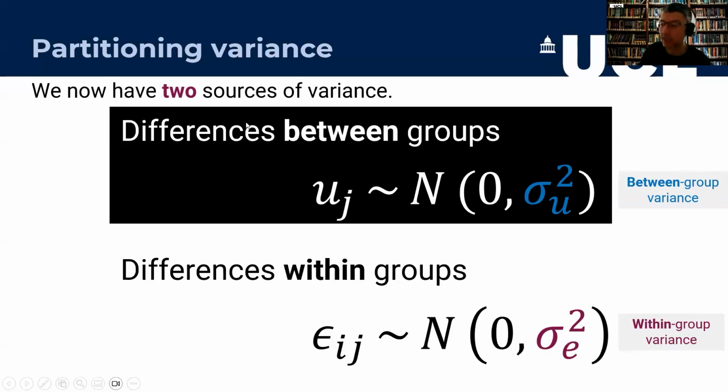So we can calculate the between group variances as well as the within group variances. And both of them, we assume are normally distributed with an average of 0 and a certain variance, like we do for the one level standard linear regression models.